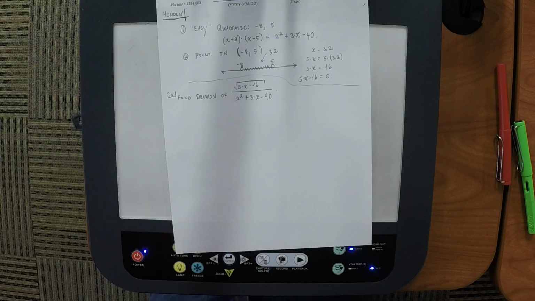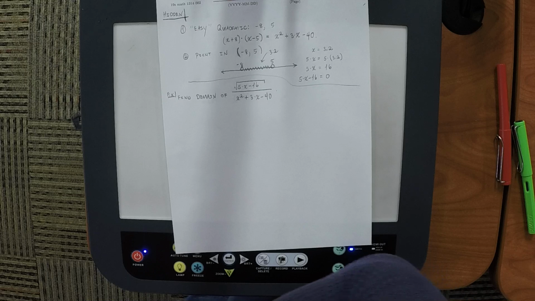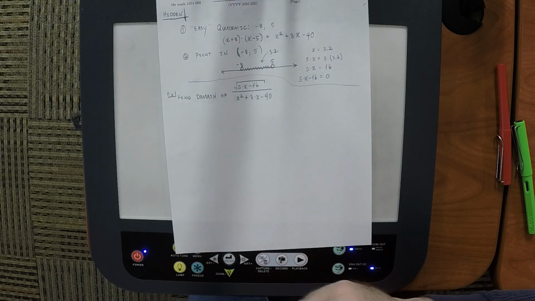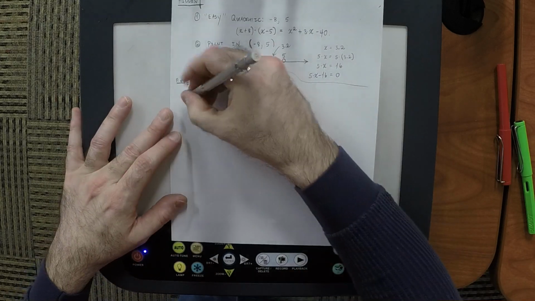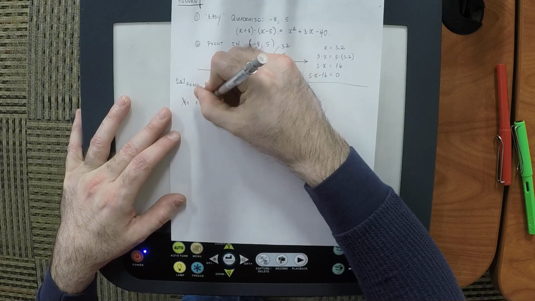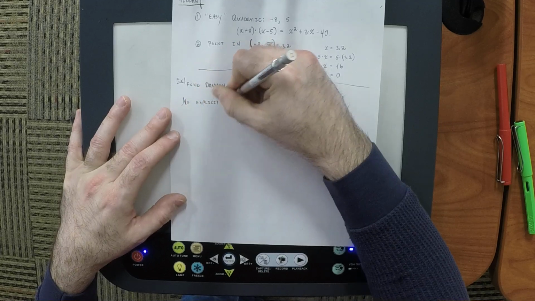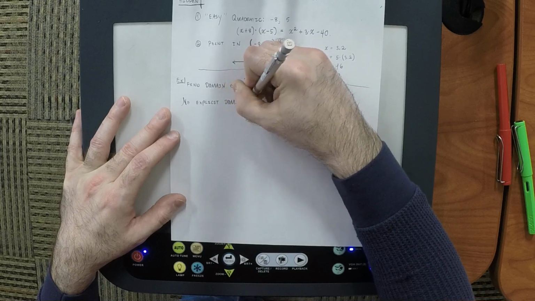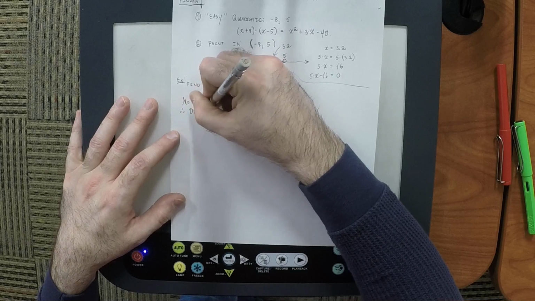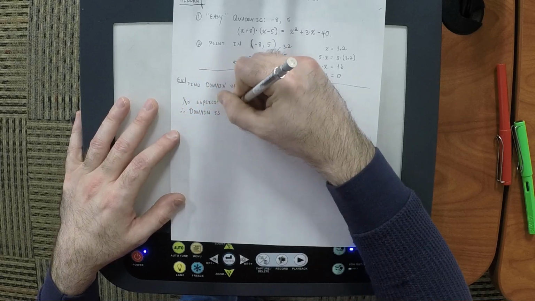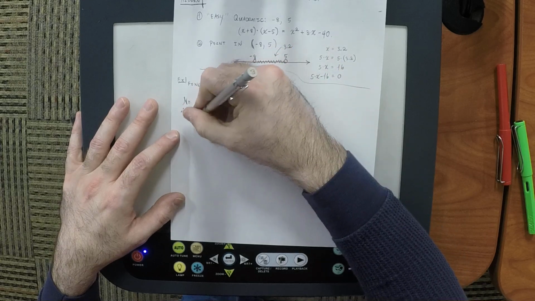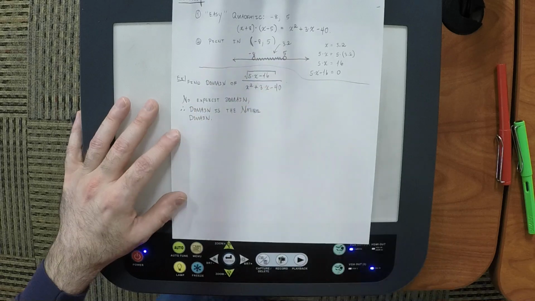Okay. So remember the rule. So you're given an expression, and no domain was explicitly given. So there's no explicit domain. And therefore, the domain is the natural domain. All right.